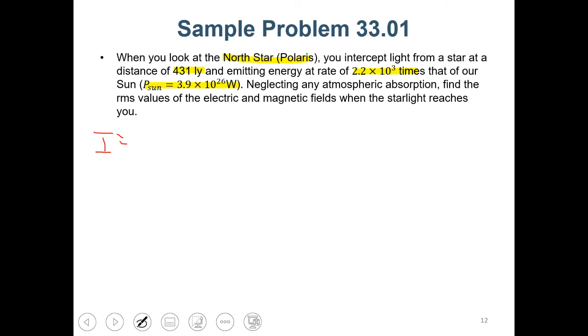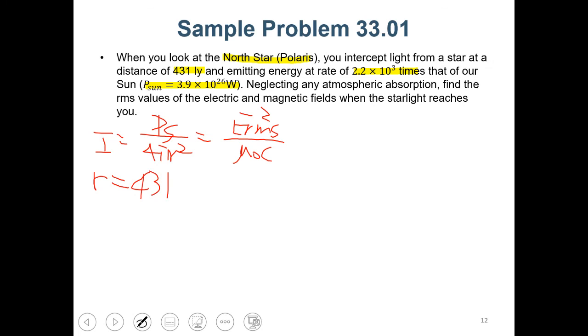So here we have I equals Ps over 4 pi r squared equals E RMS squared over mu naught C, and actually we have r equals 431 light years times 3 times 10 to 8, which is the speed of light, and then we need to multiply it by 3600, seconds per hour, and then multiply it by 365.25, roughly 365 and a quarter days per year.